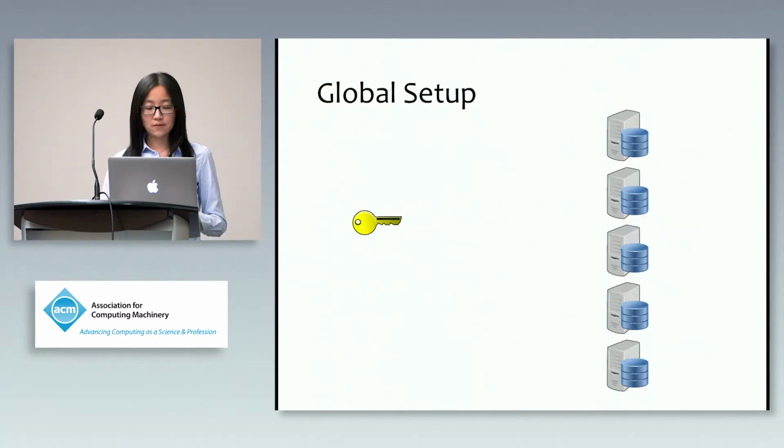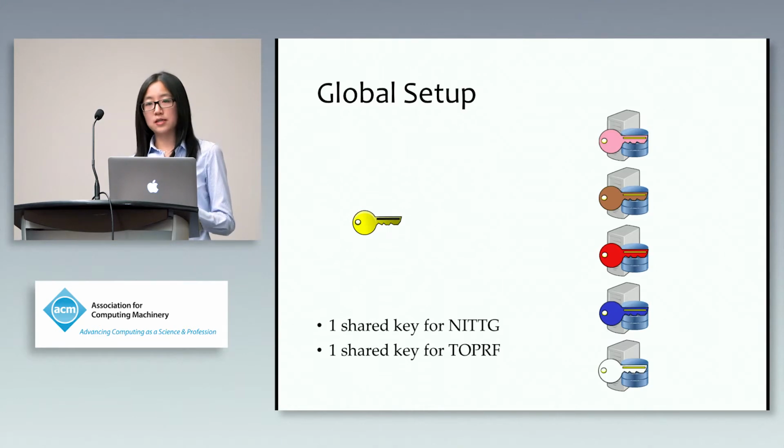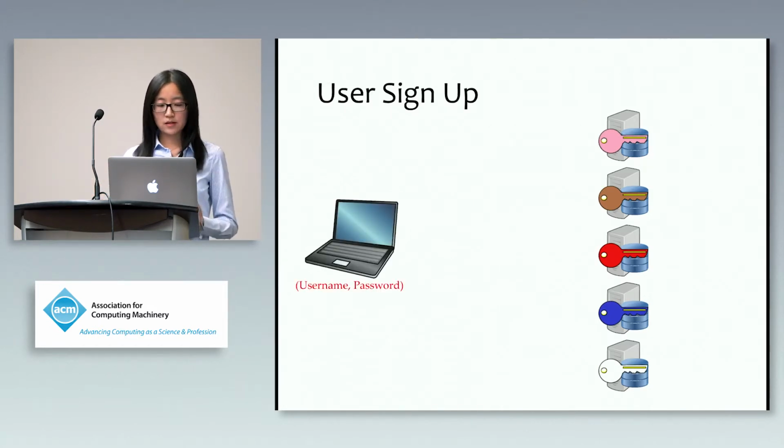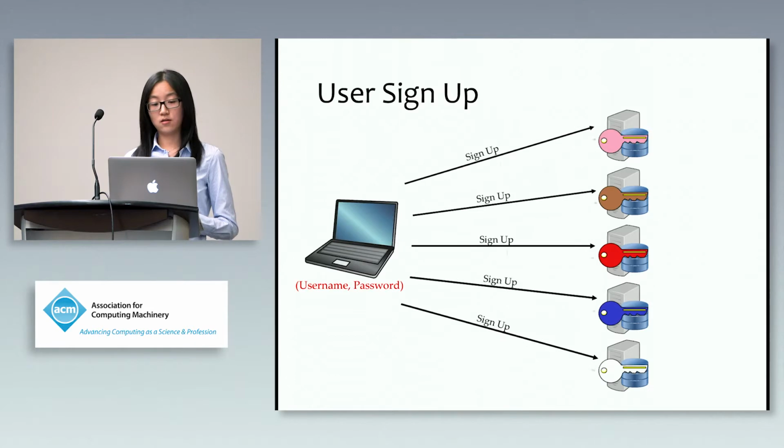First, in the global setup phase, a secret key is shared among the servers. Now we will share two secret keys, one key for NITTG and one key for TOPRF. And then when the user signs up, it will use the username and password as input to the TOPRF protocol.